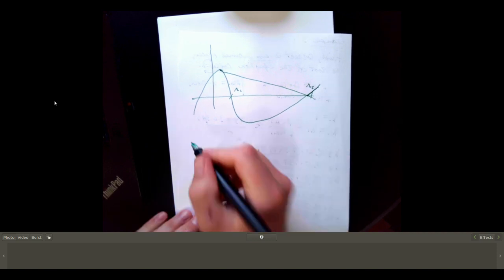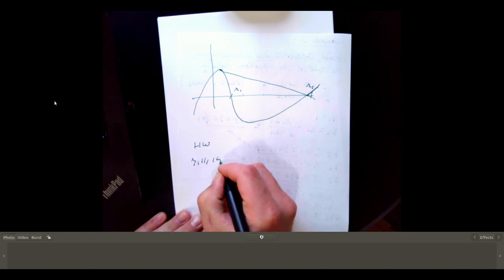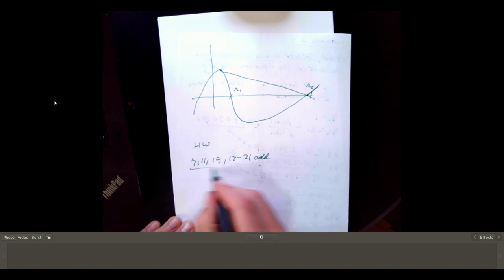So be very careful with your first guess. Like I said, for your homework, and I want to write it before I forget to: 7, 11, 15, 17 through 21 odd, and I'll put it up on Blackboard. How good Newton's method is ultimately hinges on how good your guess is.